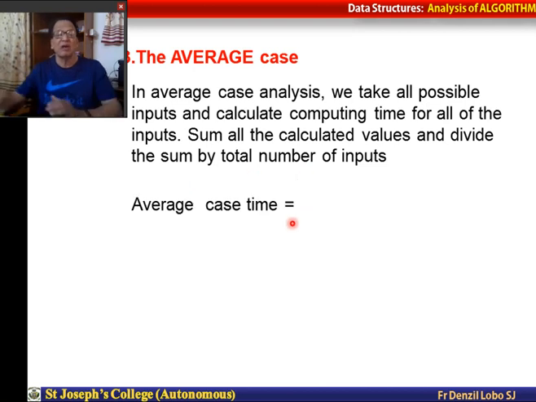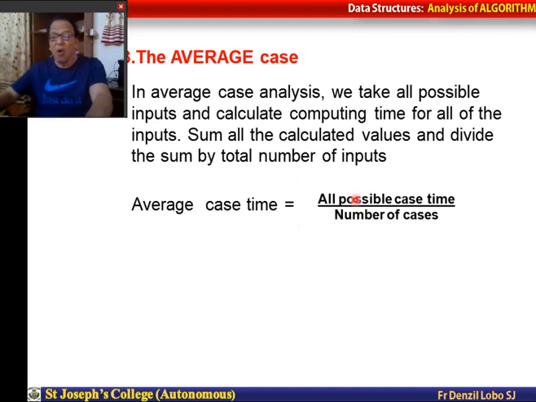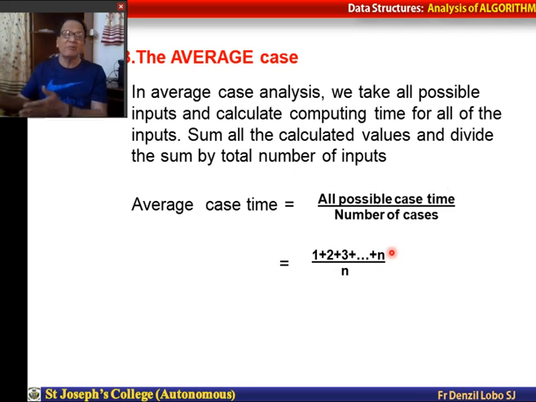For example, if there are n numbers, to find the first number takes 1, to find the second number takes 2, to find the third number takes 3, etc. So all possible case times are 1 plus 2 plus 3 up to n, divided by the number of cases. It could be any one of these numbers. That's why I'm saying average case divided by n.